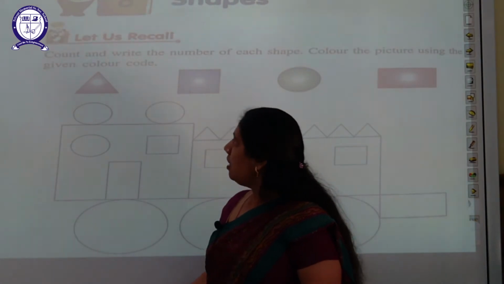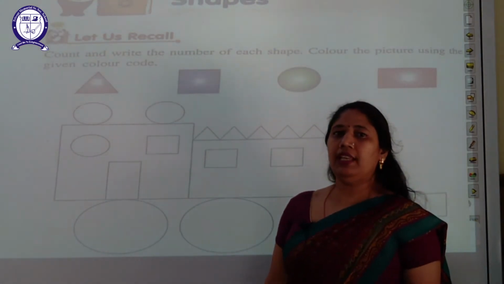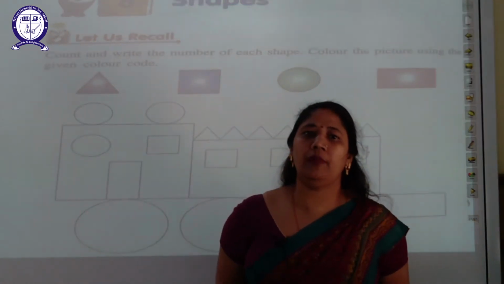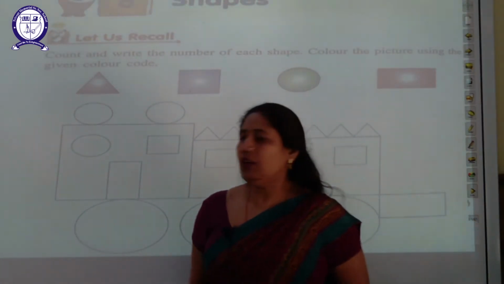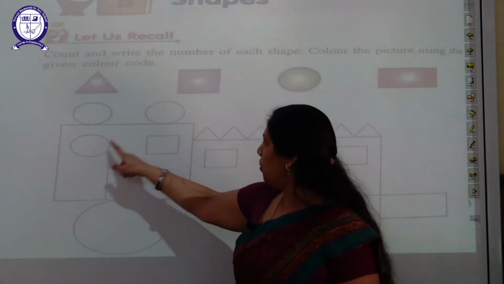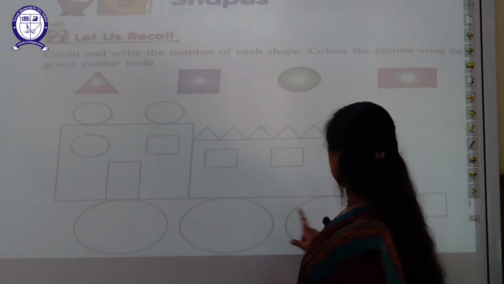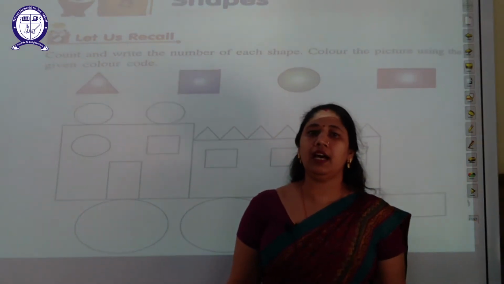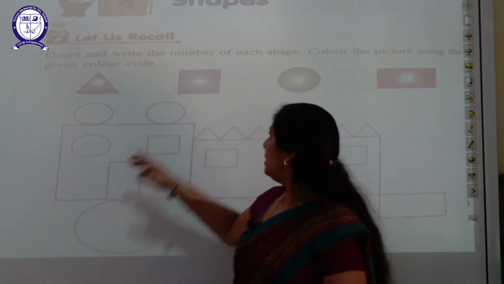Now let's count how many circles there are, how many triangles, how many rectangles. Okay, 1, 2, 3, 4, 5, 6. So how many circles are there, beta? There are 6 circles.